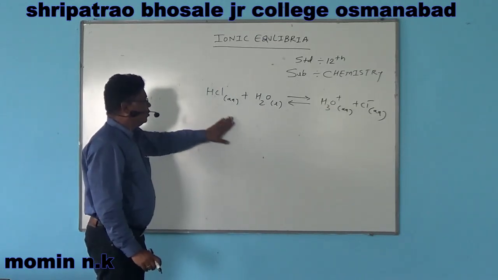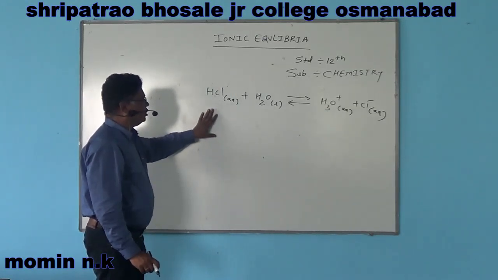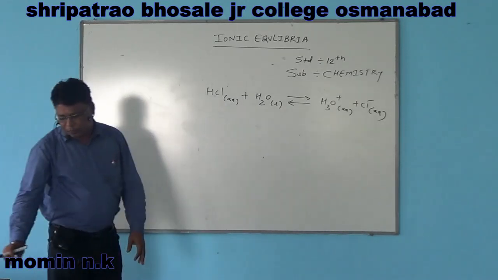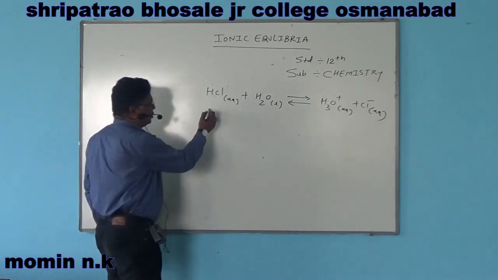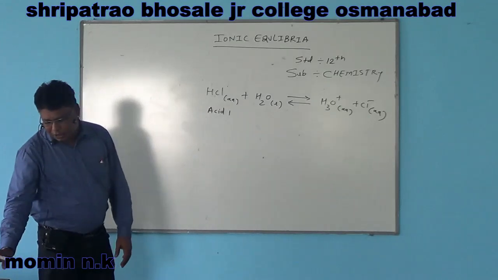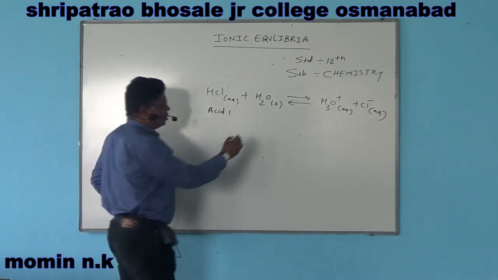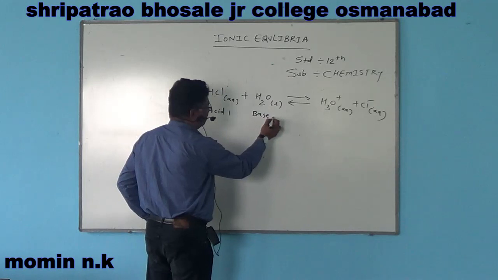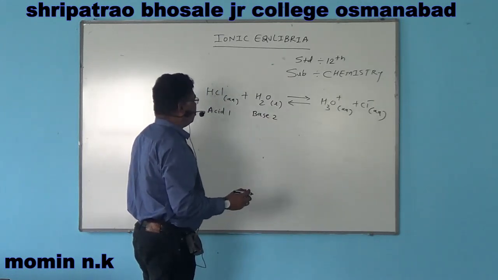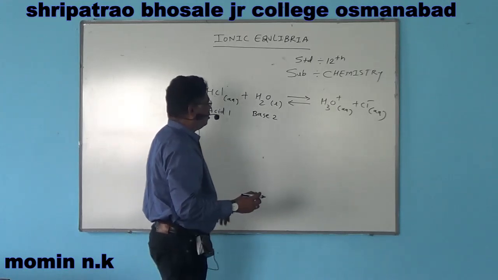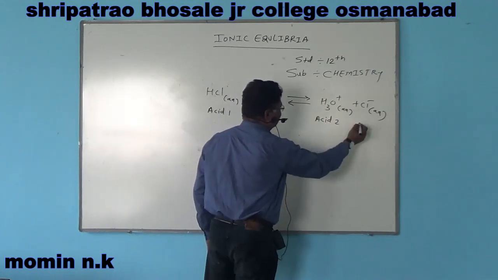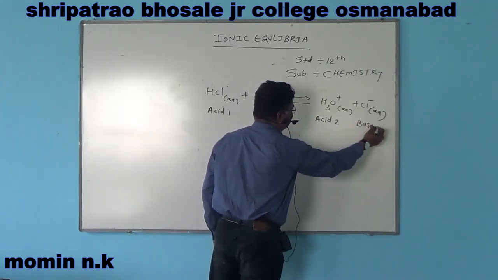Here, according to Lowry and Bronsted, a substance which donates a proton is called acid. So this is acid 1, and H2O accepts a proton, that's why it is called base 2. Here, H3O positive donates a proton to Cl minus, that's why it is called acid 2 and Cl minus is called base 1.